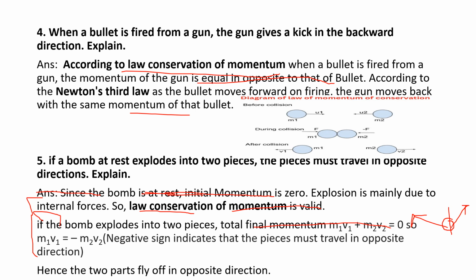Just give some description, some explanation for that. You can also mention that because of Newton's third law, the pieces will travel in opposite directions. If you don't remember the exact answer, just give some description or explanation for this statement. Okay, if you remember this, that is very good. Just give this answer only.